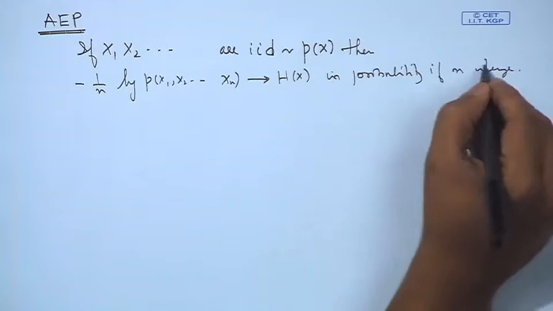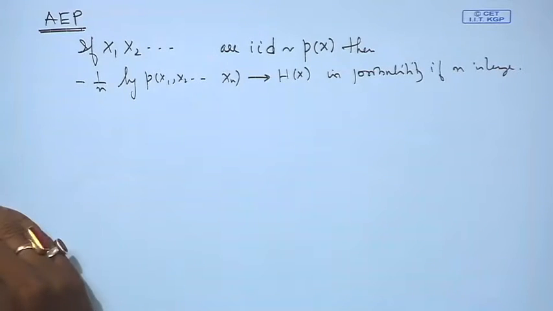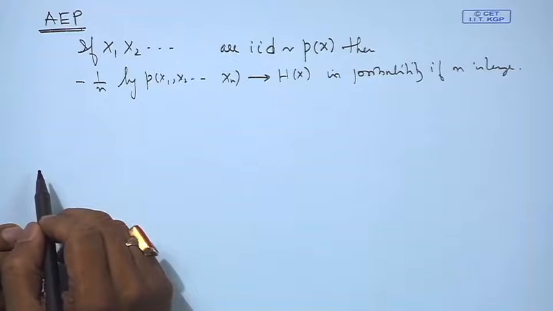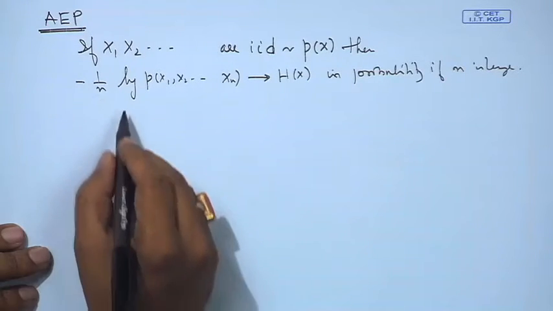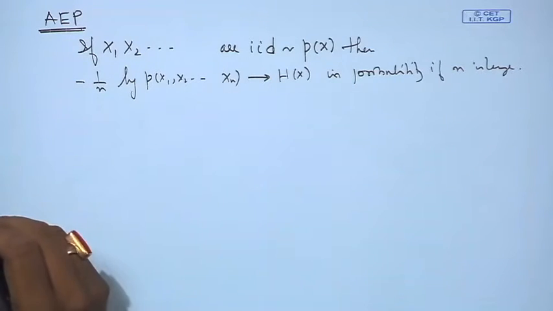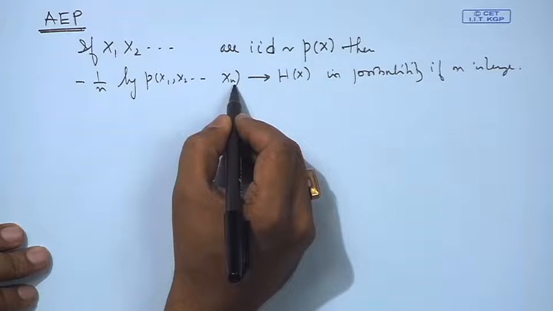This statement is very indicative. It gives us a very important result, and it's quite nice to understand what it tells us. If we take a look at the left hand side, it is minus 1 upon n log of p of (x1, x2, up to xn).